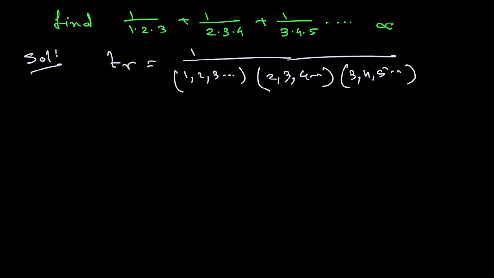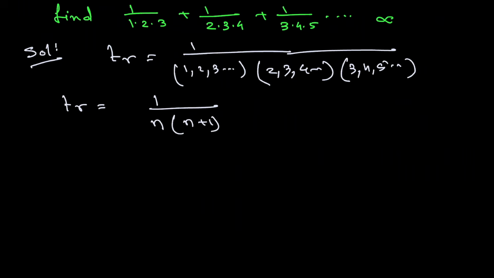Therefore, we can say TR equal to, just see one thing, first term for the first series is 1, second term is 2, third term is 3. Therefore, nth term is n. And this is n plus 1, sorry, let us get the value of r. Since we are getting TR, r into r plus 1 into r plus 2.